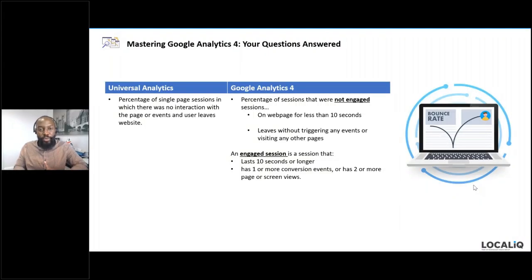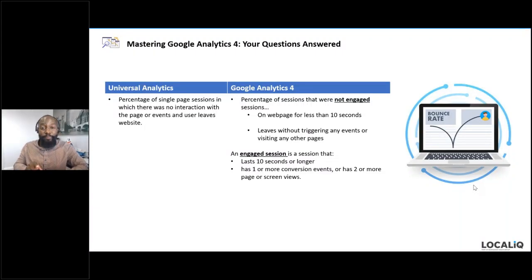In UA, bounce rate was the infamous metric that suggested that if a person came to your website and did not interact with the page, or didn't go to another web page within your site, and they left, that was a very bad sign. Remember that? That's the bounce rate.